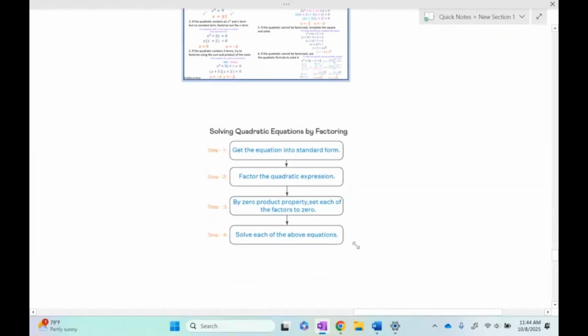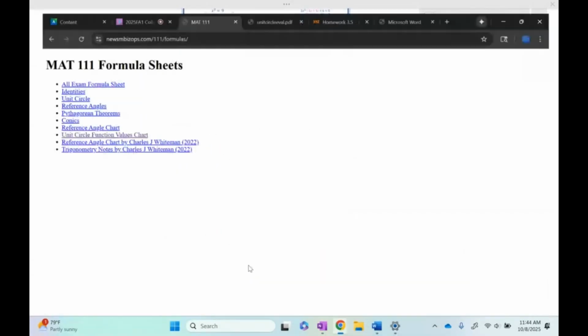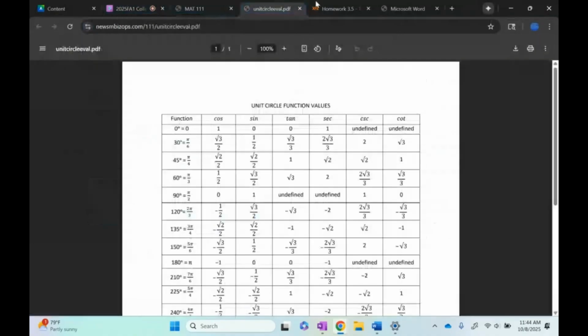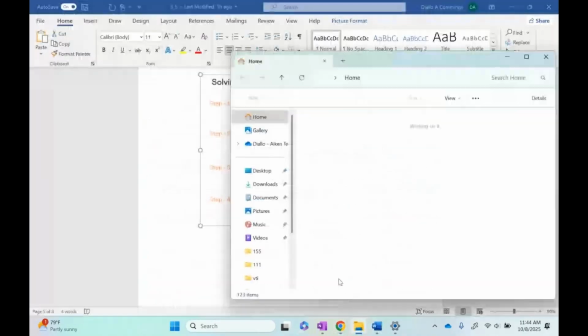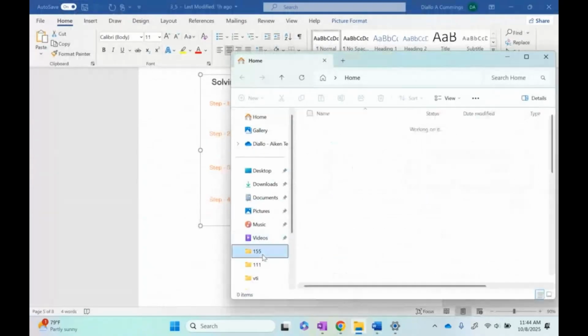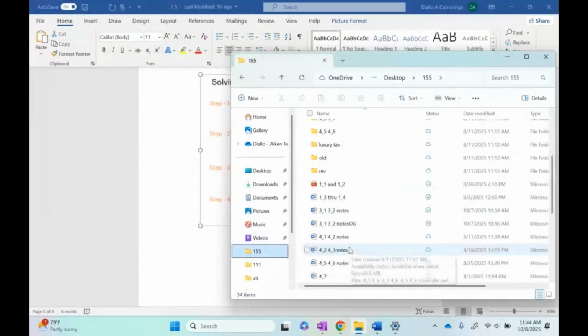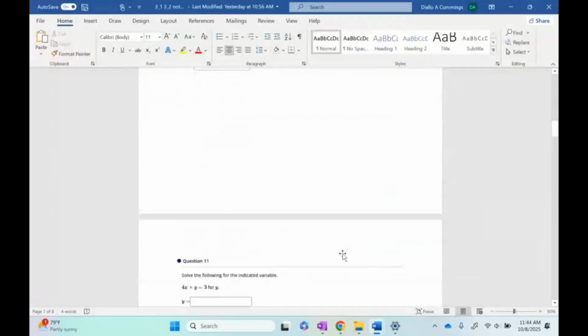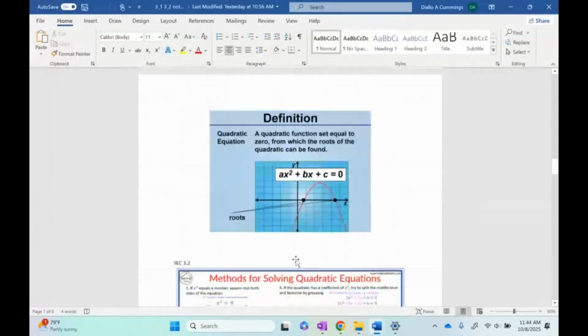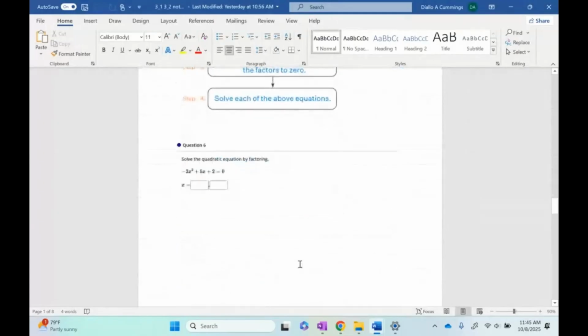Okay, here are the steps to factor. And I actually have a problem. Give me 1 second to find it. And this is coming out of another class. I just took the same thing.